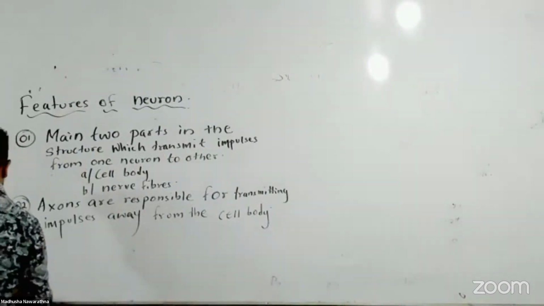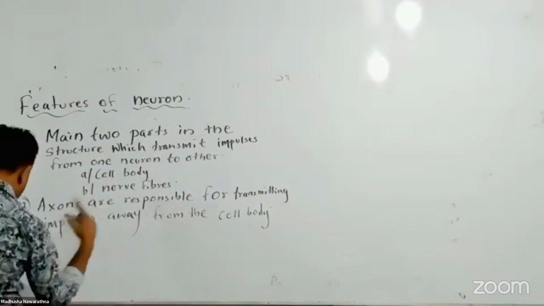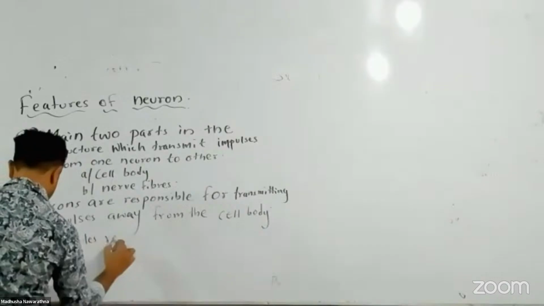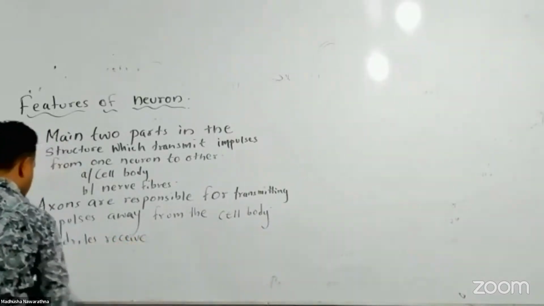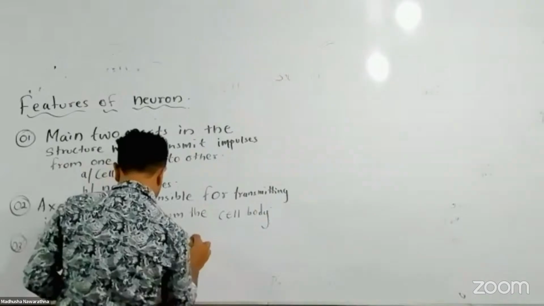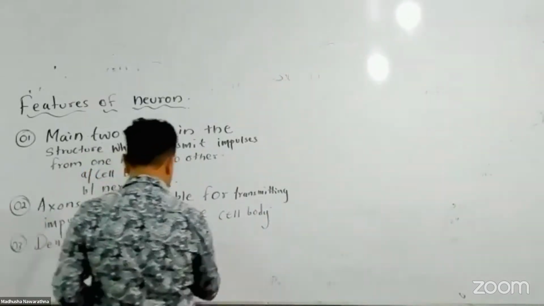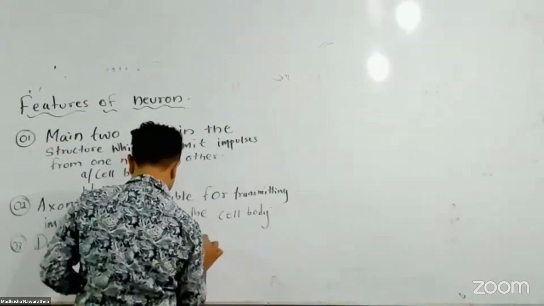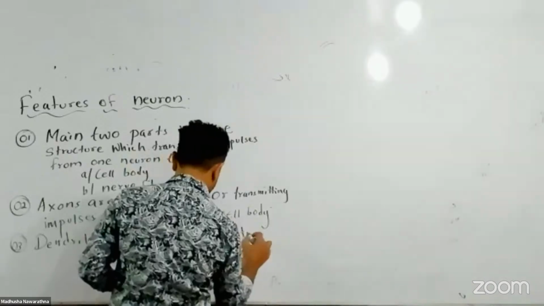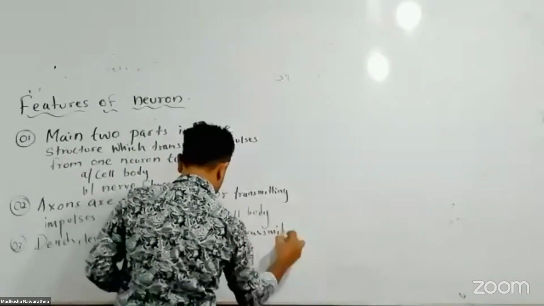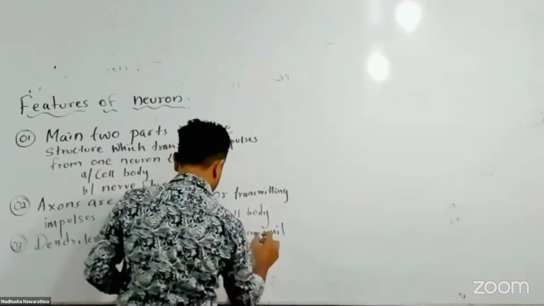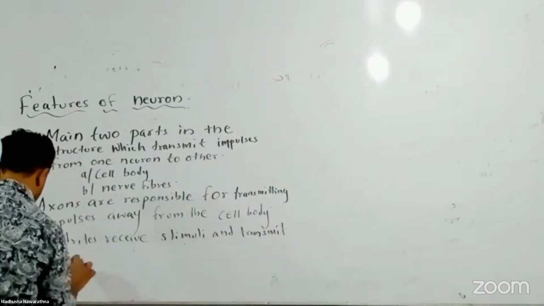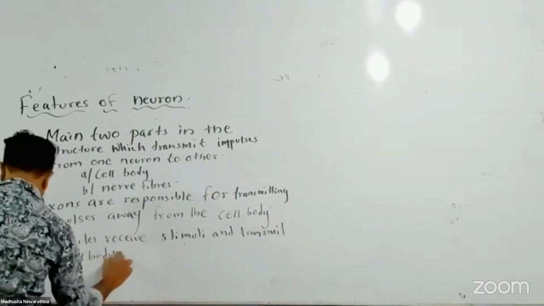Then we have dendrites. They receive the impulses. Dendrites receive impulses and transmit to the cell body.